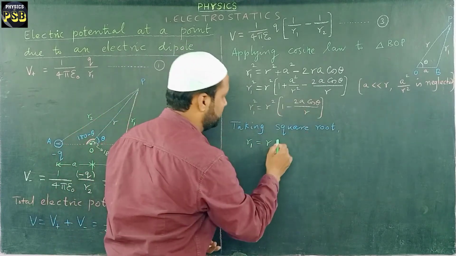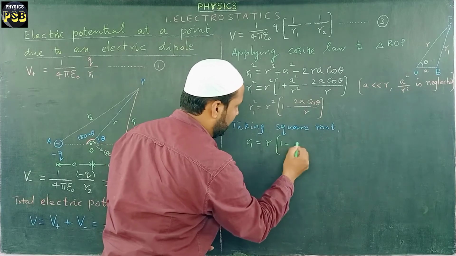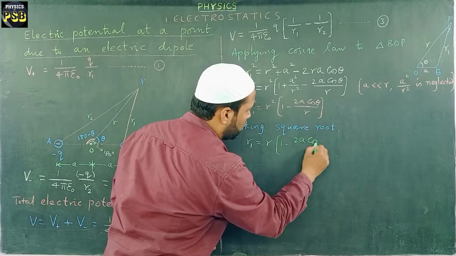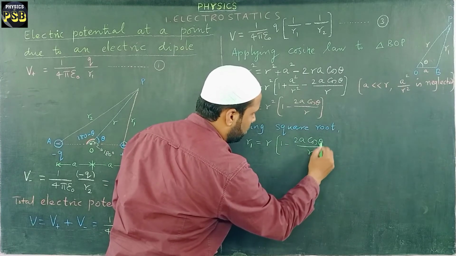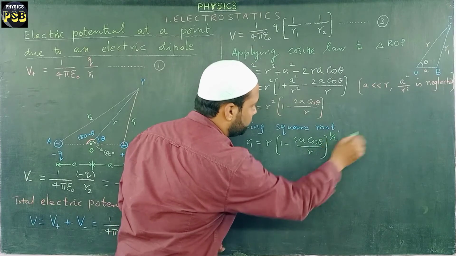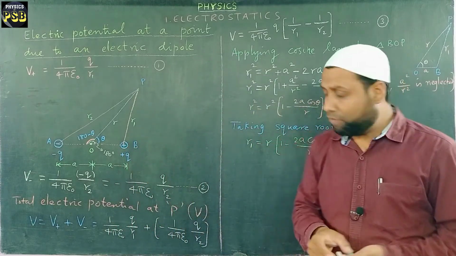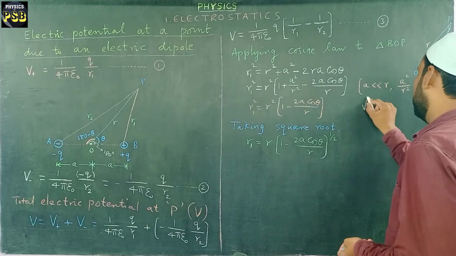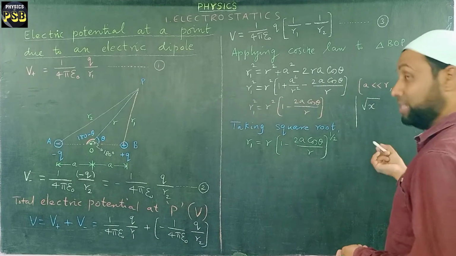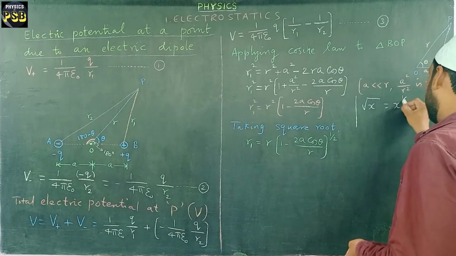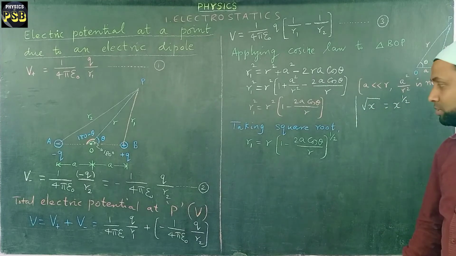Then this part will be written as 1 minus 2a cos theta upon r, to the power half. We know that the root of x can be written as x power half. This is what we have done here.